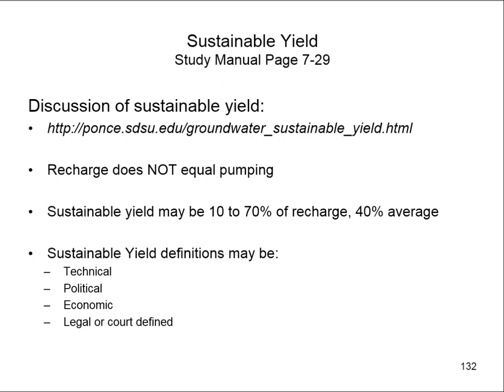And so if we're looking at the technical aspects, then yeah, we could have 10 to 70% of recharge as our sustainable yield. But we also could have political definitions or economic or even court defined definitions, which may not be based on good science.